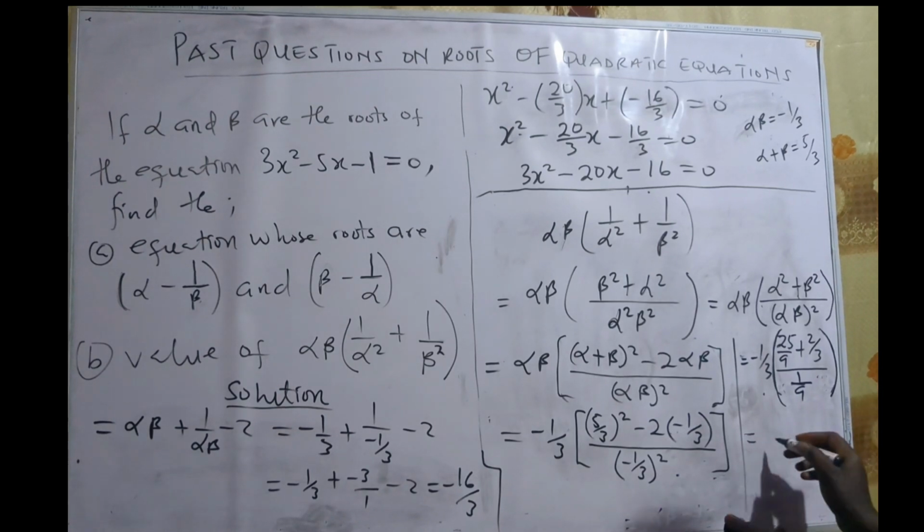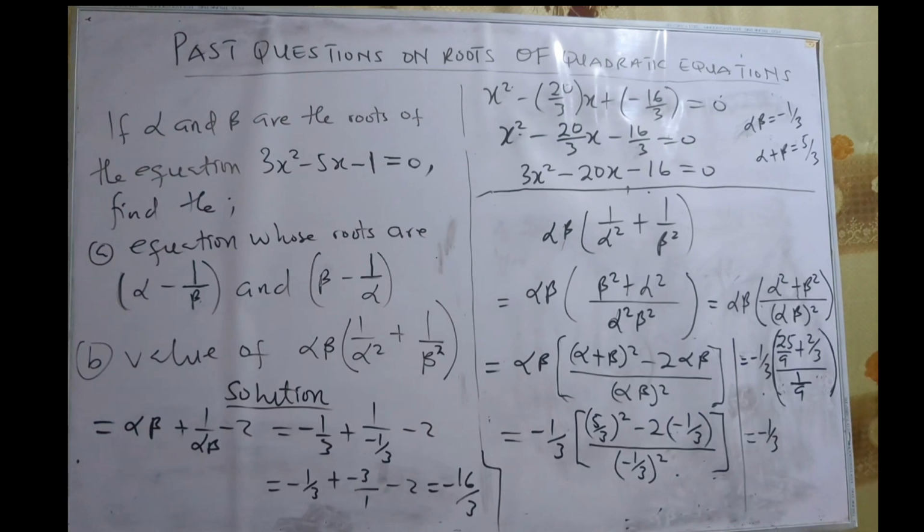Okay, I have minus 1 on 3. So let's do 25 on 9 plus 2 on 3, which will give us 31 on 9.